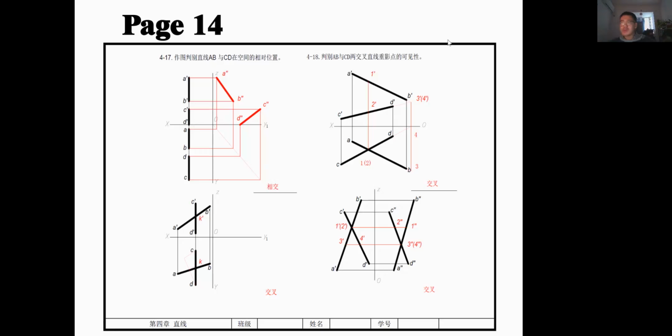Here you have two lines with projections, just like it. Okay, get it. This one is here. This one is here. Yeah, this direction. This one is parallel to this. This one is the W plane. This one is the W plane. You have two lines parallel to W.